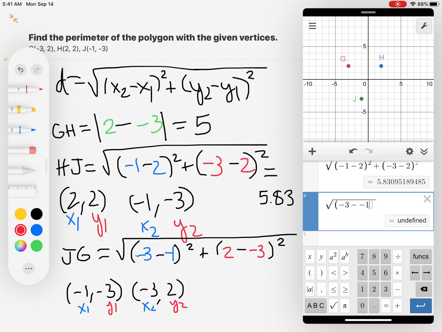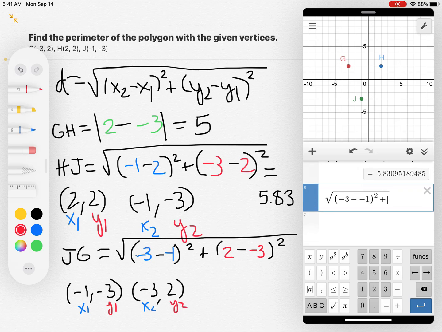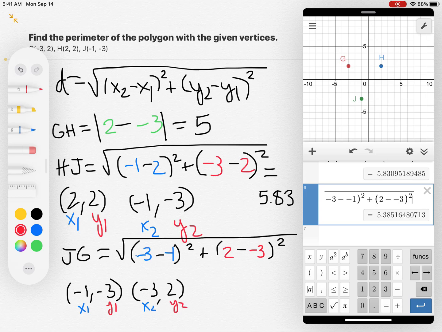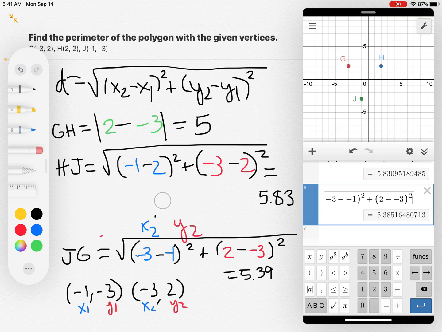Don't forget that double negative, parentheses squared, plus parentheses 2 minus negative 3, parentheses squared. When we add all of that and do the square root, Desmos tells us we get 5.39 if we round. Okay, I'm going to get rid of my coordinates just so I have some room to write here. We are actually most of the way done.